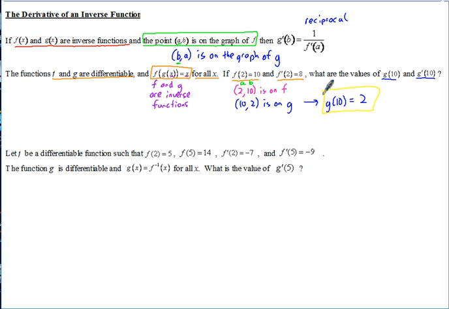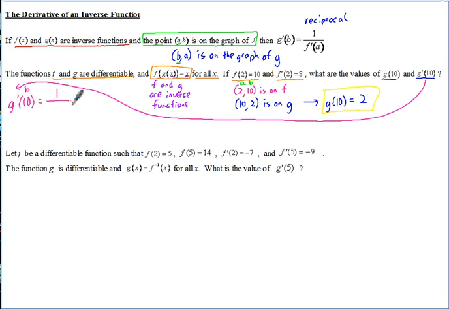Okay, so that's pre-calculus, just reversing the coordinates of the inverse functions. But for g prime of 10, that's like our b value. That's going to be 1 over f prime of a. Using the formula right here. And do we figure out what a is? Well, yeah, there's two ways of seeing it.